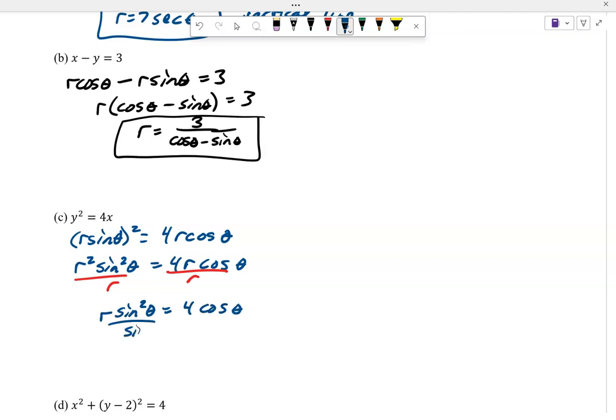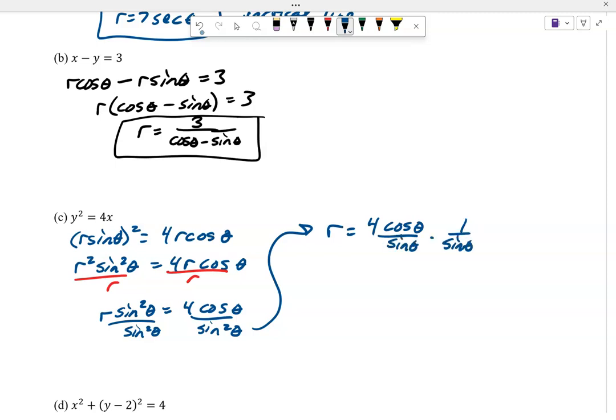Let me divide by sine squared. So my r is 4 cosine over a sine times another 1 over sine. So my r is 4 cotangent cosecant.